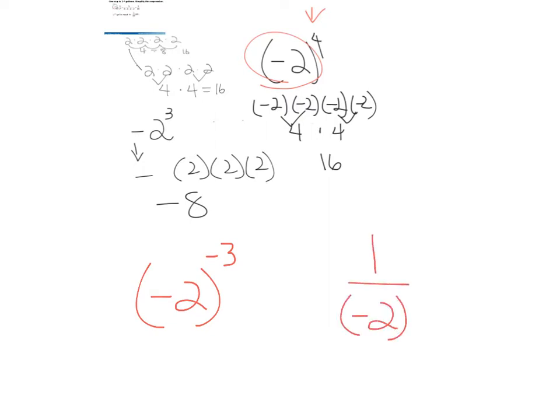The base keeps its negative sign, but the negative sign on the exponent turns positive when you put it in the denominator. And now I would figure out negative 2 to the third power, which would give me a negative 8 over 1. So you're going to just have to take your time. I would move the negative exponent first and then deal with figuring out the power.